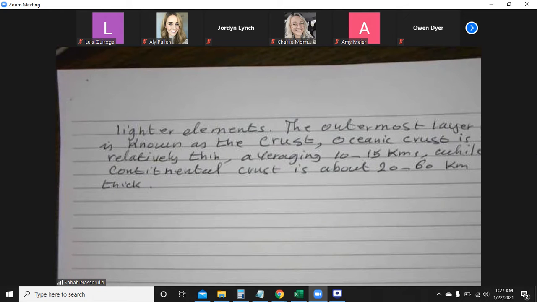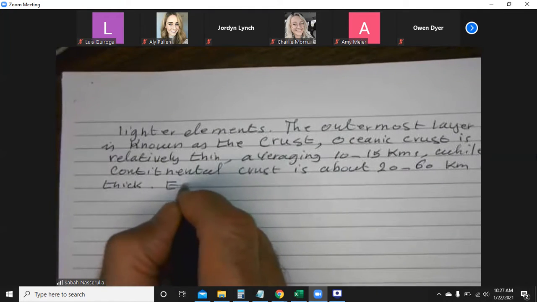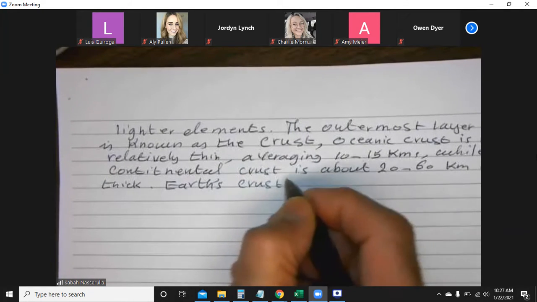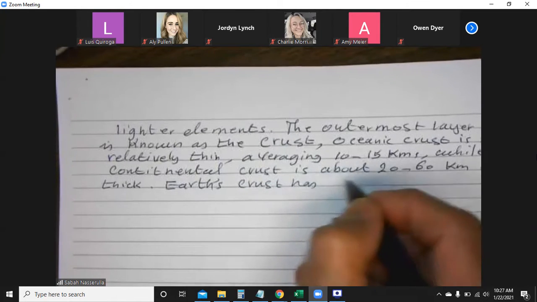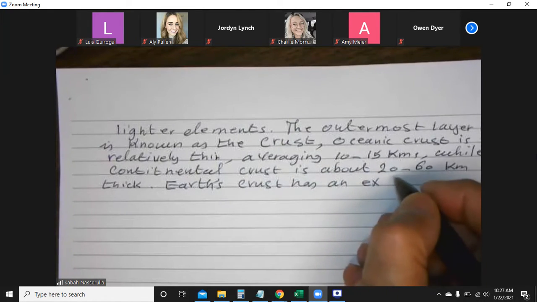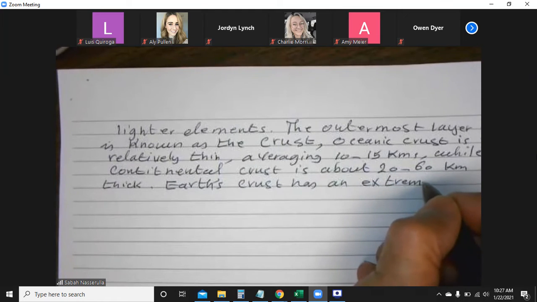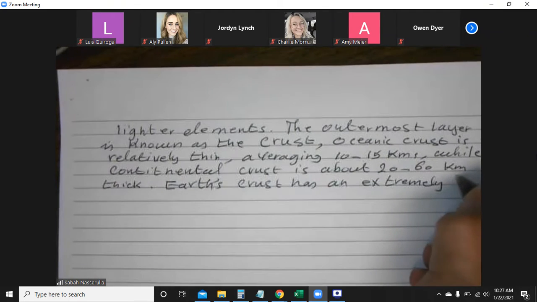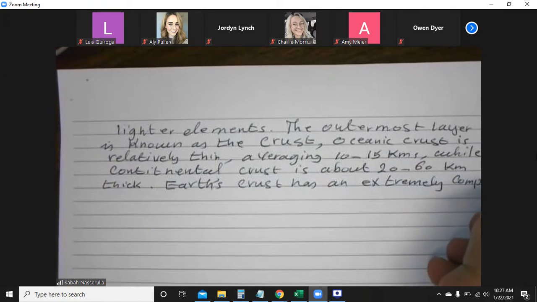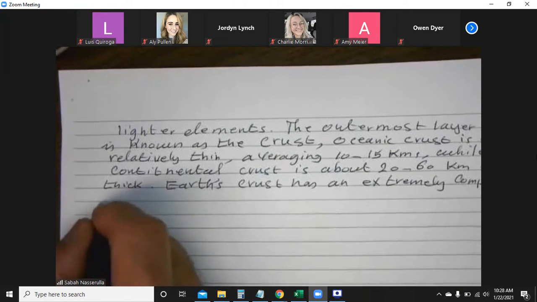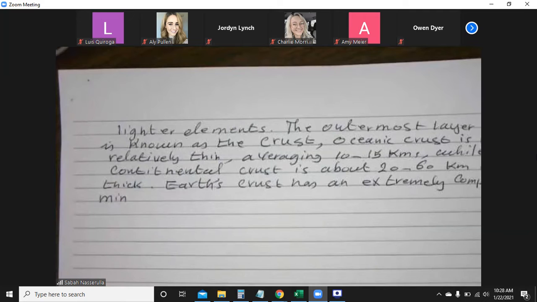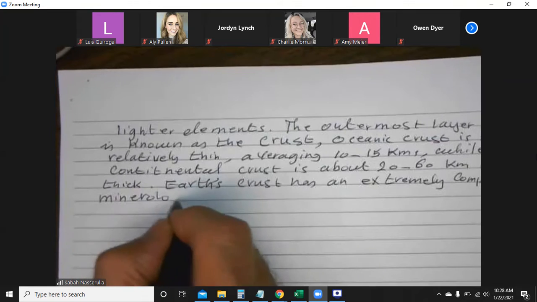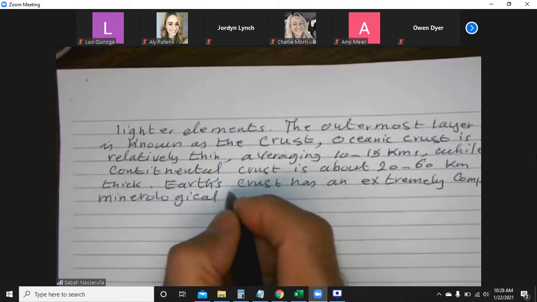To mention this point here, Earth's crust has an extremely complex mineralogical composition.